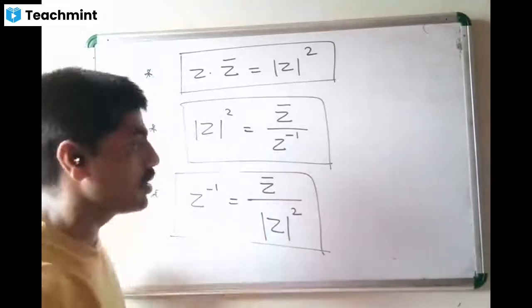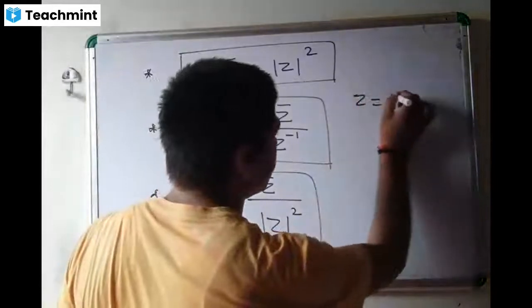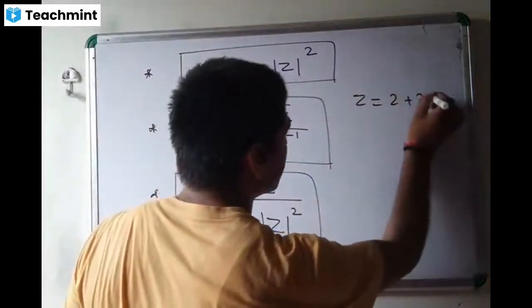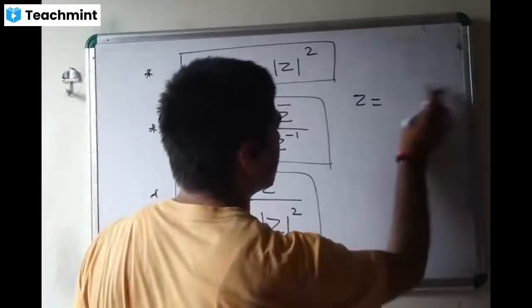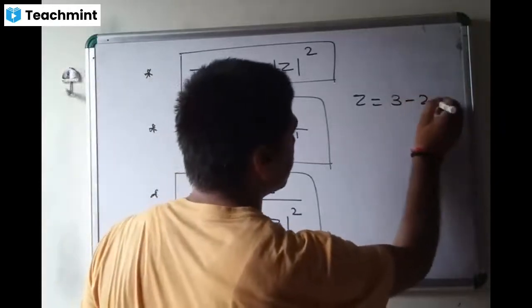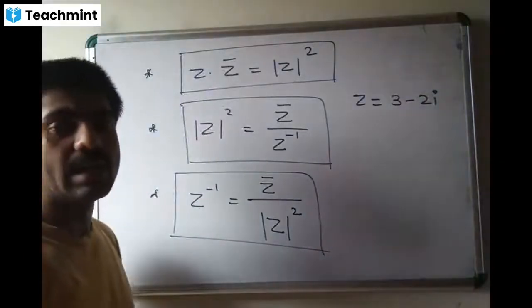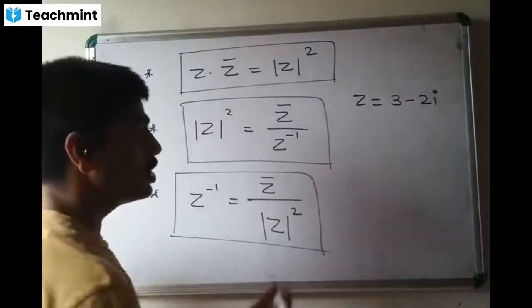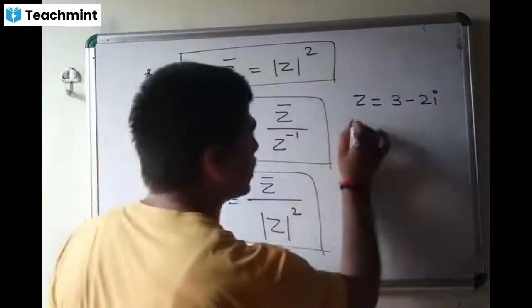Now see one more example, beta. Suppose you have a complex number Z is equal to 3 minus 2i, and we want to find its multiplicative inverse. As per the formula, first you find the conjugate.